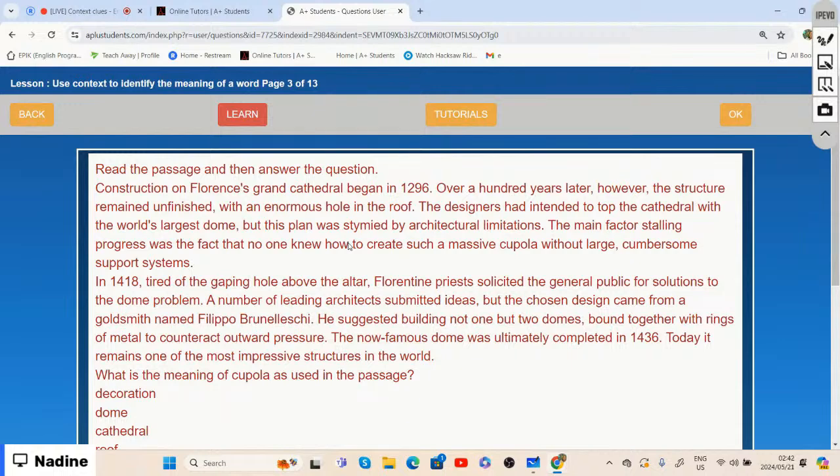I'm trying to find the word again within the sentence.